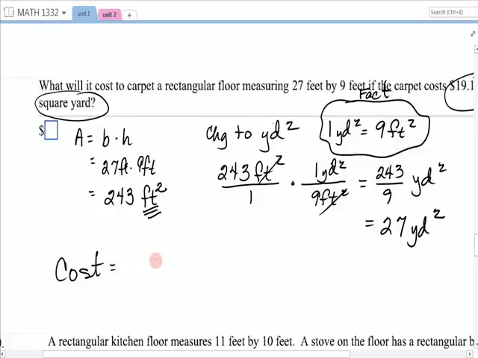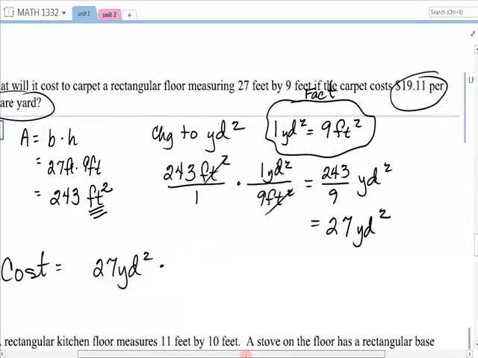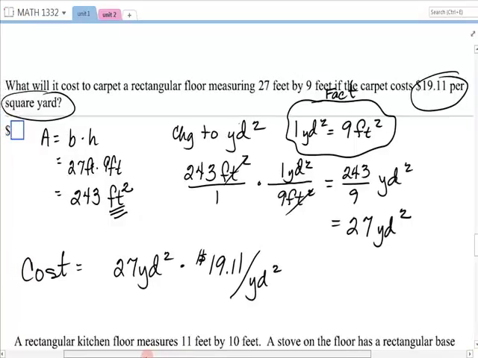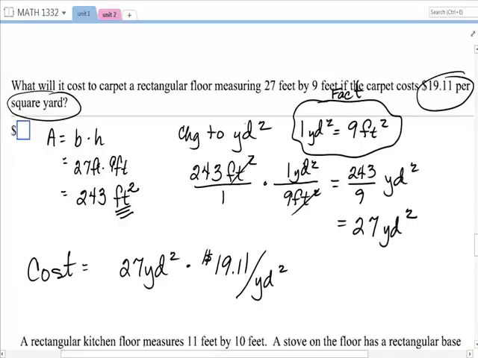It is 27 yards squared. I want to show you something with these units. It is times $19.11 per square yard. Now, I know you probably wouldn't have worried about this, but this is really over 1.